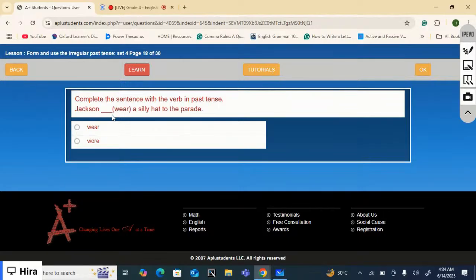Jackson blank a silly hat to the parade. The verb is wear. Now complete the sentence with the verb in past tense. Is it wear or wore?